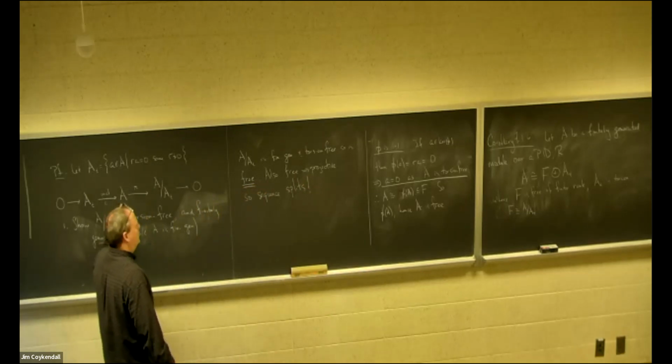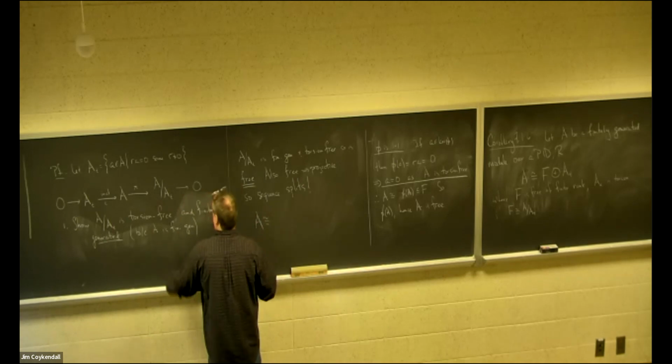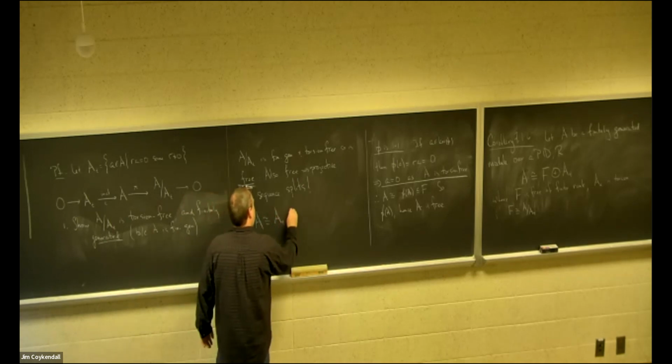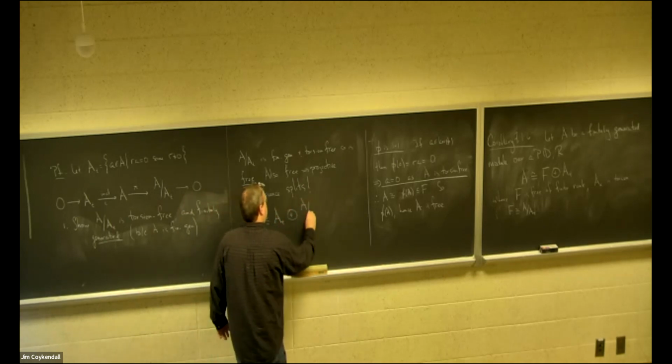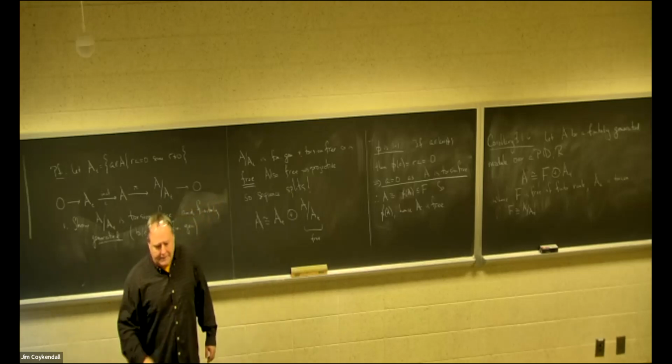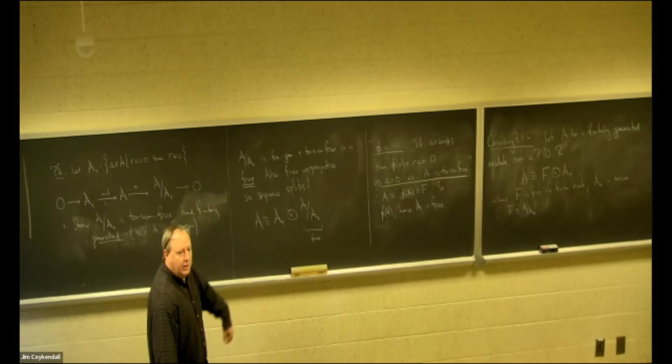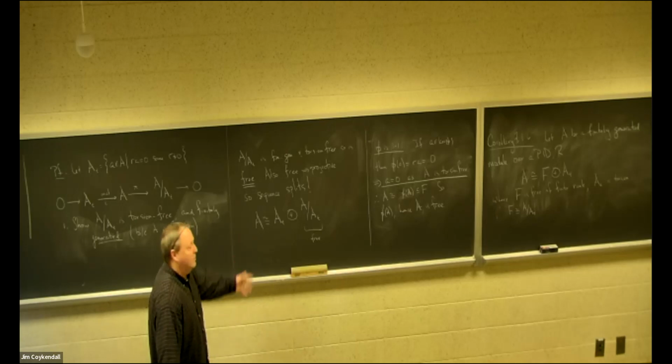And since the sequence splits, we get that A is isomorphic to AT direct sum A mod AT, and here's your free part. So I like that little corollary because it uses a lot of the tools we have and brings it together in short order.